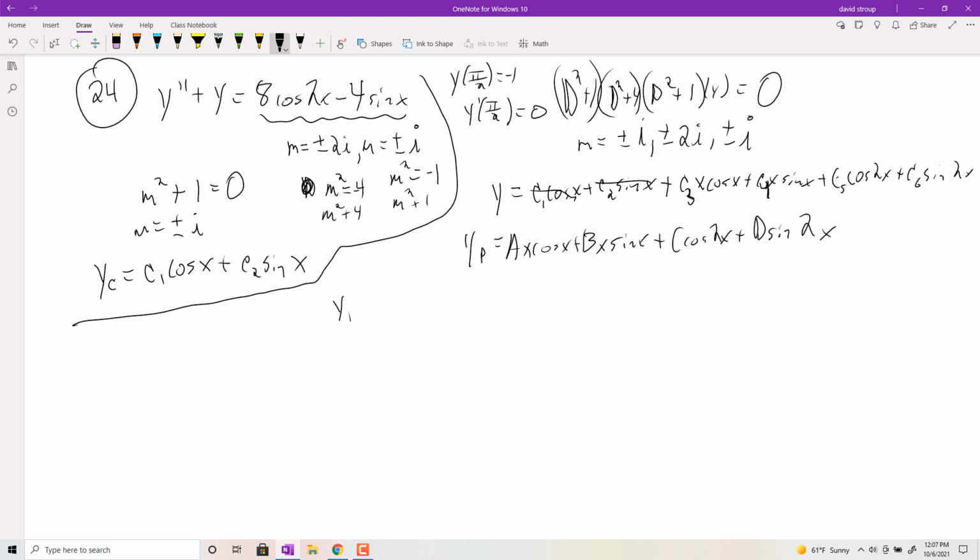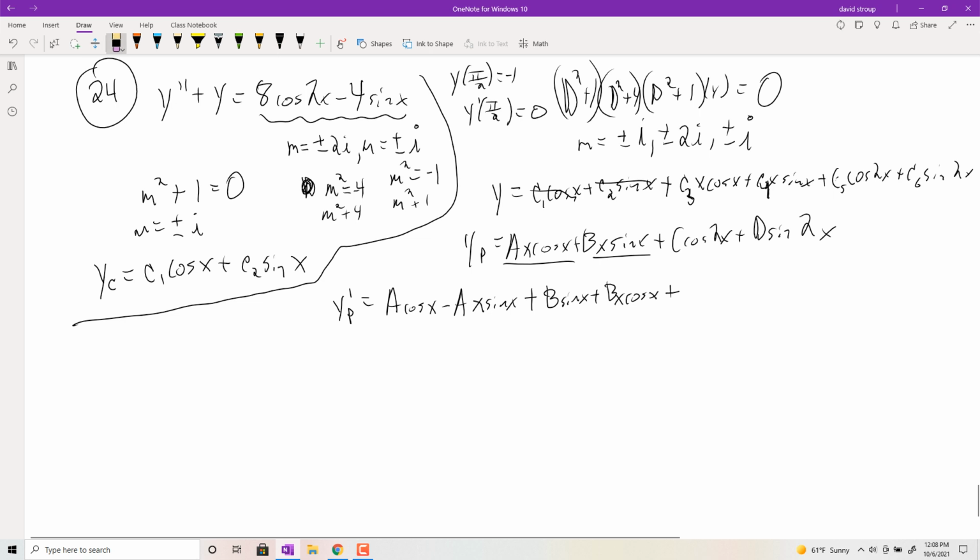Okay, so the first derivative, on these guys you need product rules. So you'd have a cosine x, or rather minus, because the derivative of cosine would be negative. So a cosine x, minus ax sine x plus b sine x plus bx cosine x plus, and then I need some chain rules on these guys.